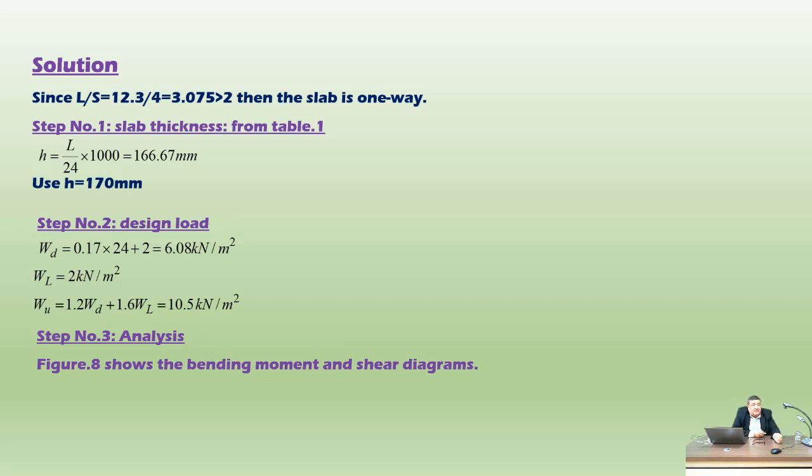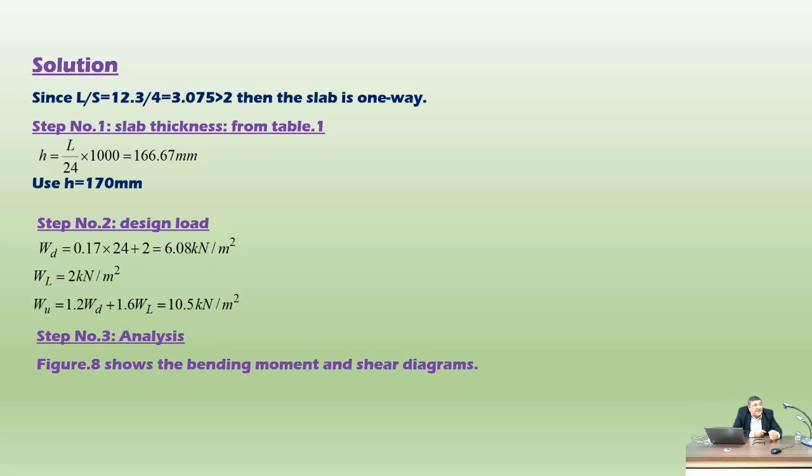Step number 2, design loads. The dead load equals the self weight of the slab plus the additional or superimposed dead load, which equals 0.17 multiplied by 24 plus 2, equal to 6.8 kilonewton per square meter.